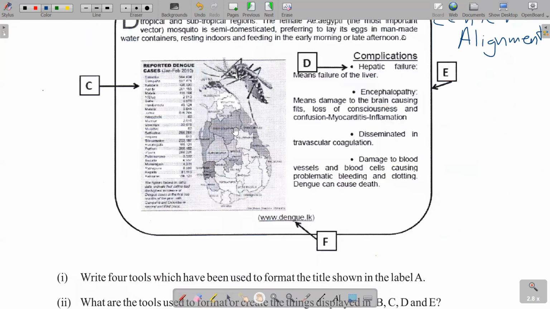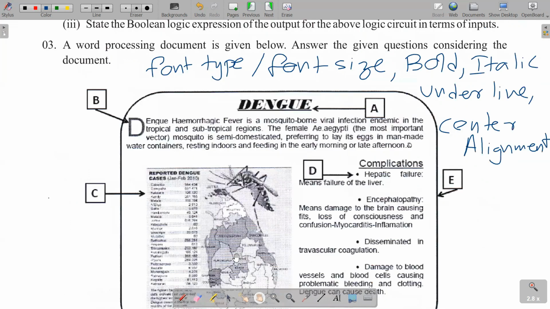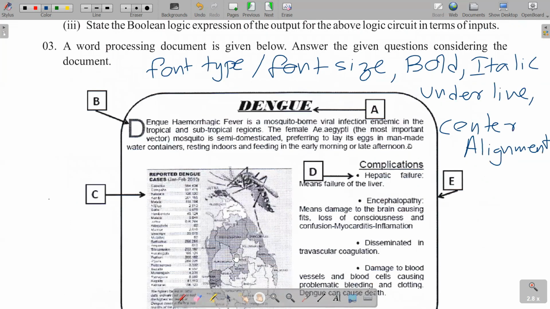And the next question, what are the tools used to format or create the things displayed in B, C, D, and E? Yeah, so for B, what you have used is, we call it drop cap. And for C, it is insert image.